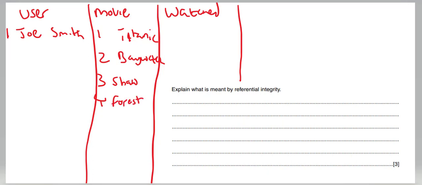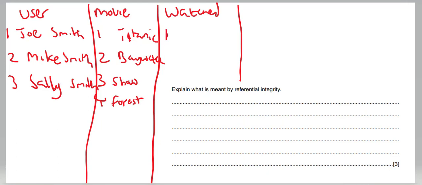Let's have Mike Smith, Sally Smith. All of these aren't related. So we could have a watch ID of 1. Let's do a different color.